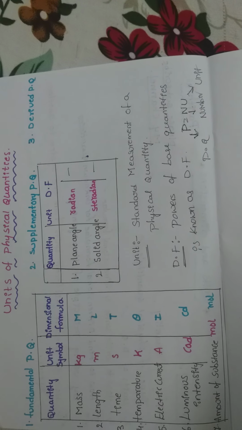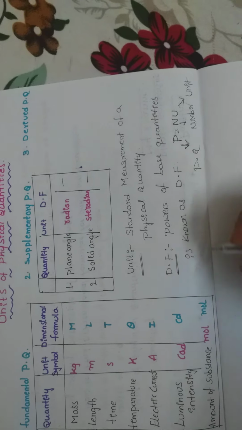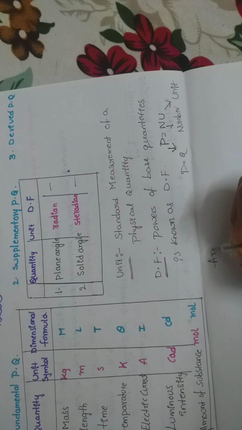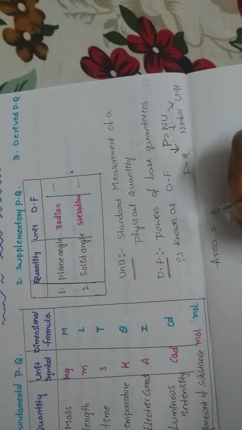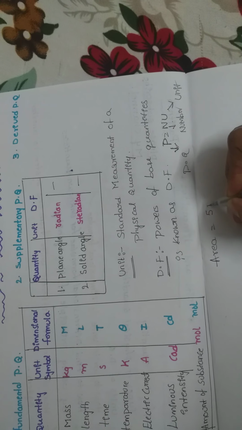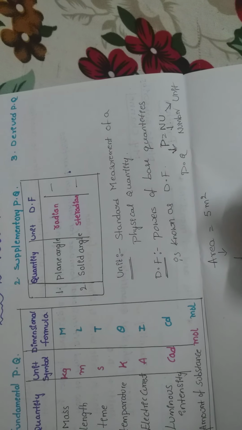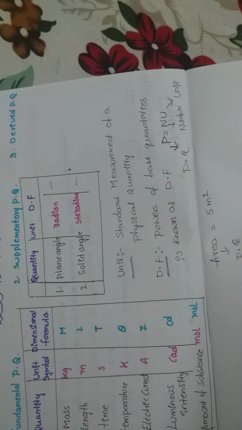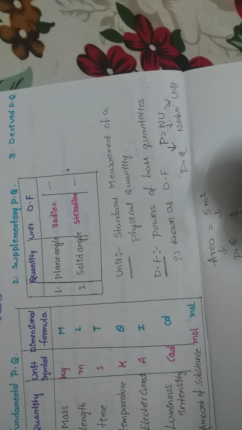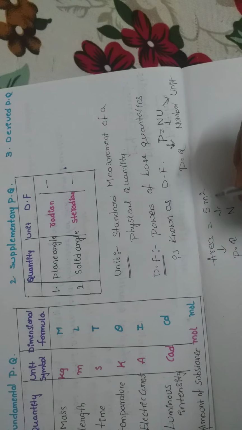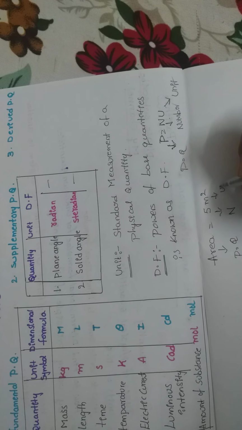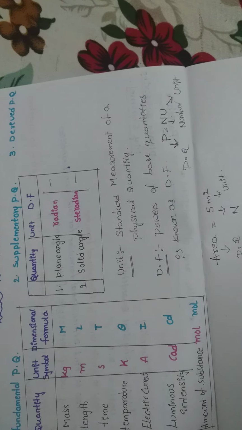That is the representation. So for example, suppose if you take an area, then area equals 5 meter square. Here area is nothing but physical quantity, 5 is nothing but number and meter square is nothing but unit, right?